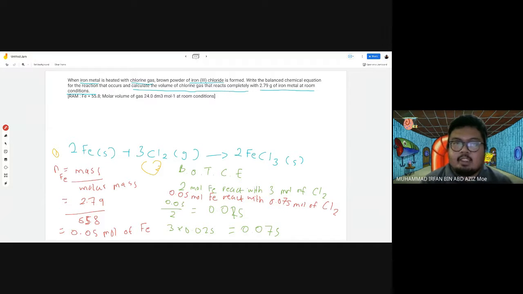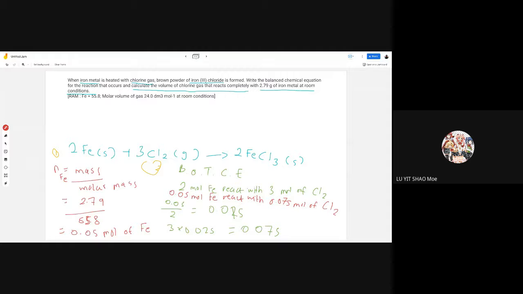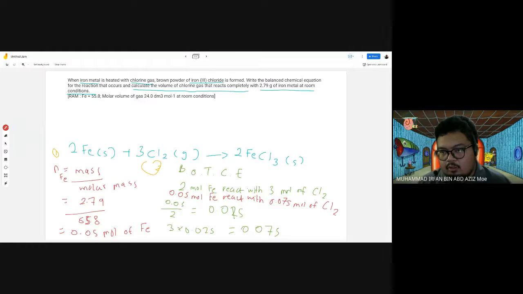Okay, next step 3, what do we want to do? You already got the number of moles of chlorine. So how do we calculate the volume of chlorine gas from the number of moles? Use n equal to volume over molar volume.